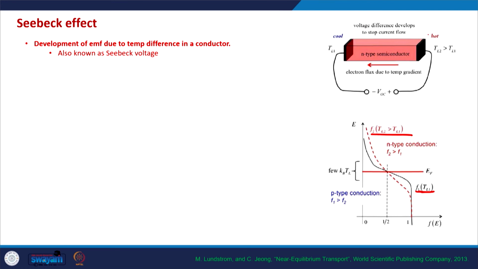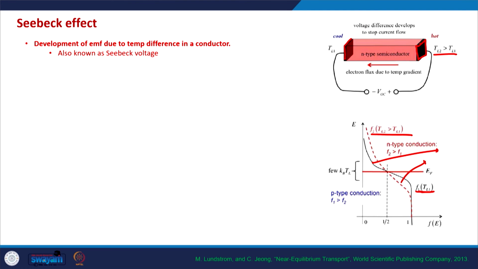Let us assume that this end of the semiconductor is hot and this end is cool, which means TL2 is greater than TL1. So the Fermi function on this side of the semiconductor will be like this red plot, and the Fermi function on the left side will be like this. And since there is no voltage applied across the semiconductor, EF will be the same across this conductor.